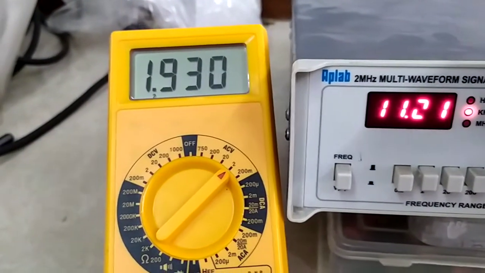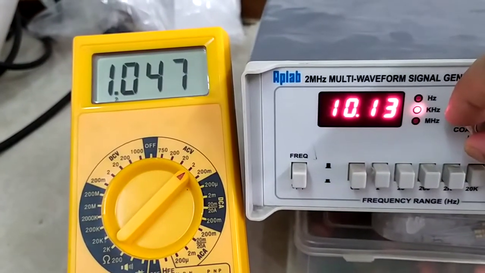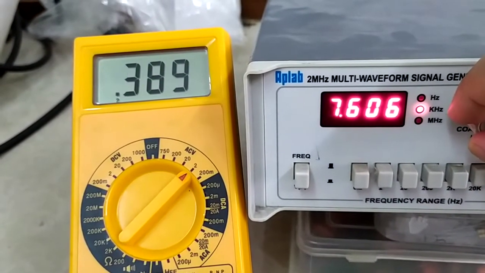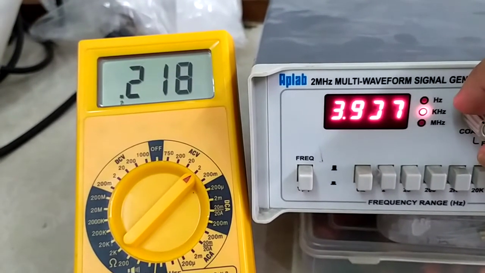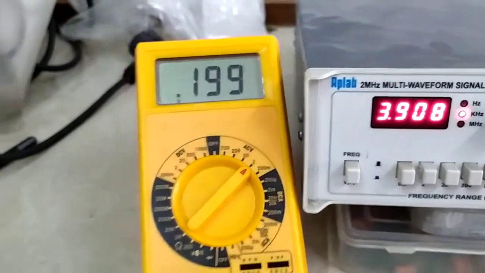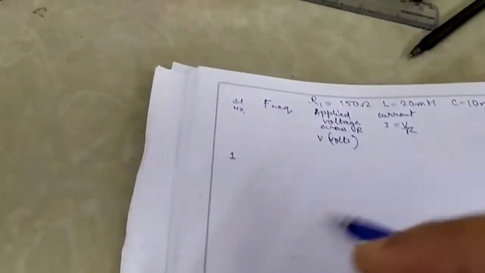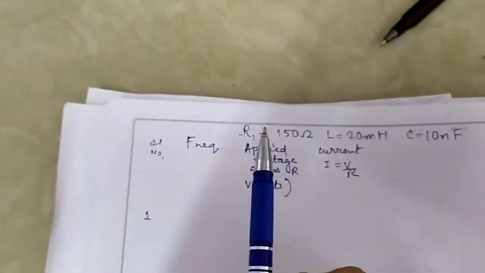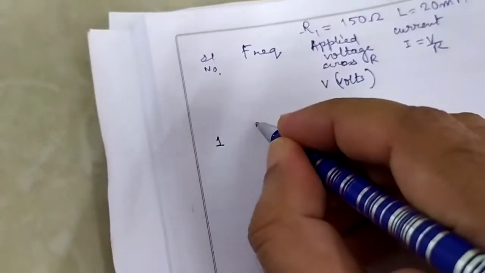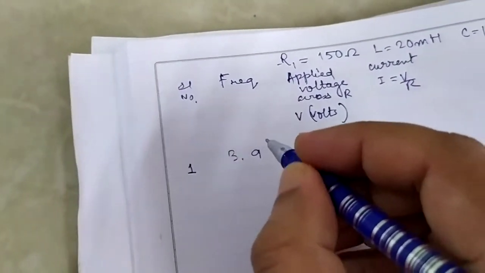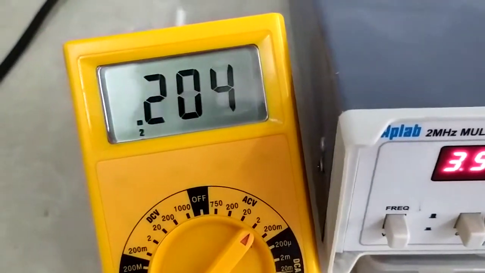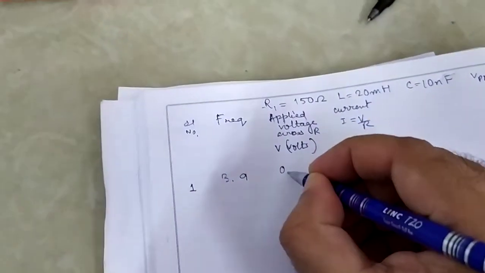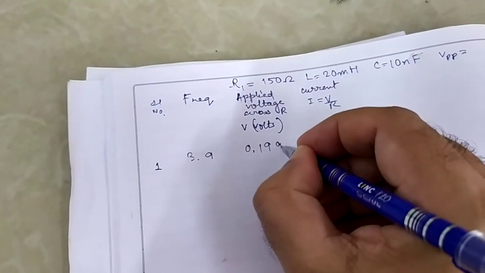How will you perform this? You will record the values one by one, as per your suitable value. I will show you. This is the table. You have frequency, say 3.9, applied voltage I am getting at 3.9, I am getting 0.199.